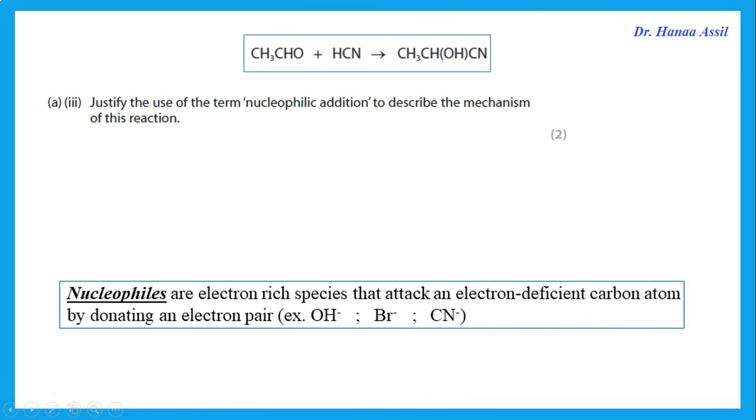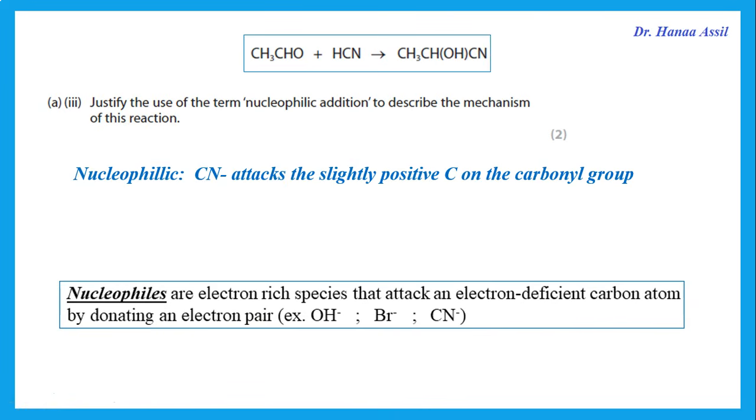Now, the cyanide is a nucleophile because the cyanide has lone pair of electrons that attack the slightly positive carbon on the carbonyl group. So this is a nucleophilic reaction.